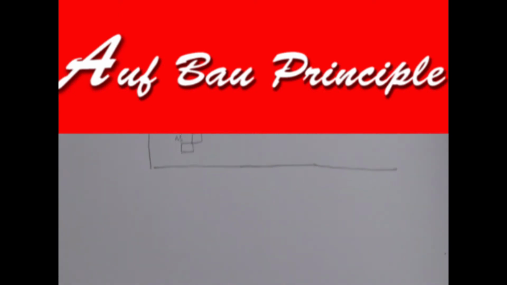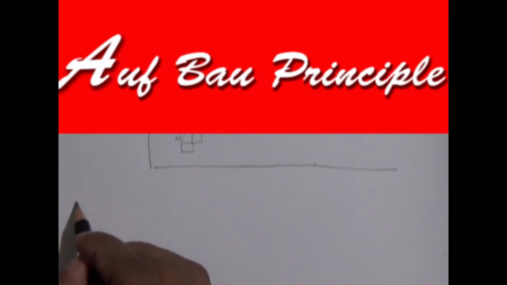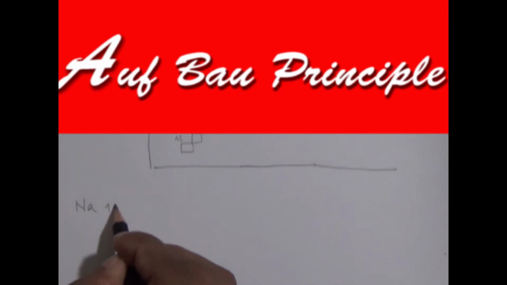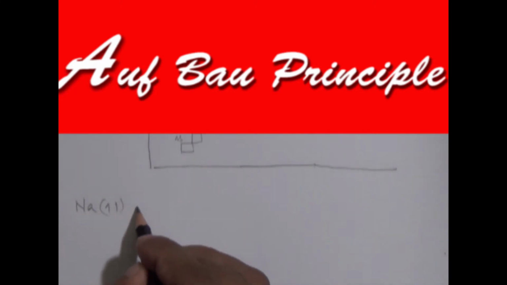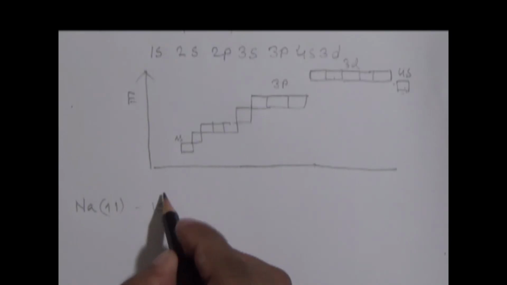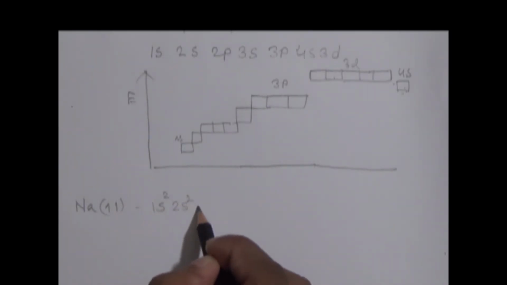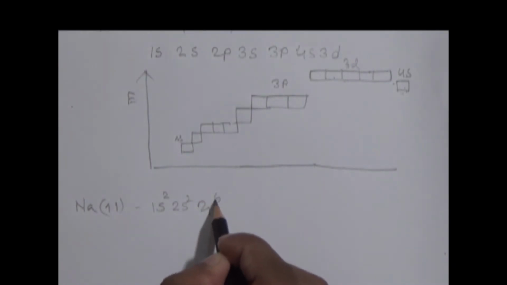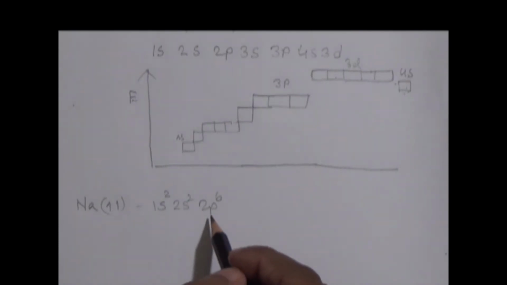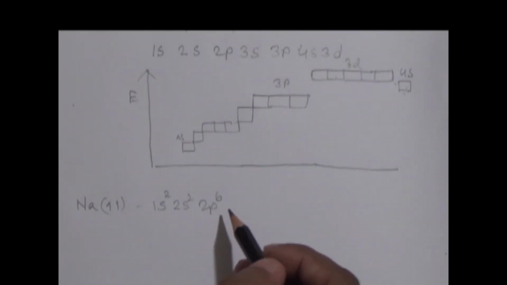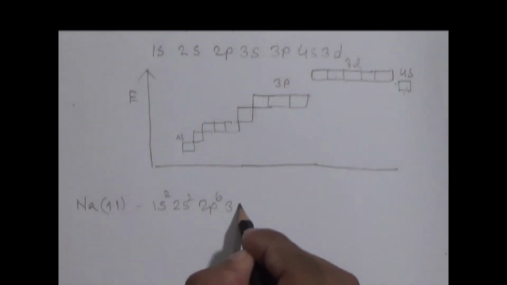If you see the electronic configuration of any element, say Na has total 11 electrons, 1s has maximum capacity 2, then 2s has 2, 2p maximum capacity 6, total 10 electrons entered already, so another one is left, that will be in 3s.